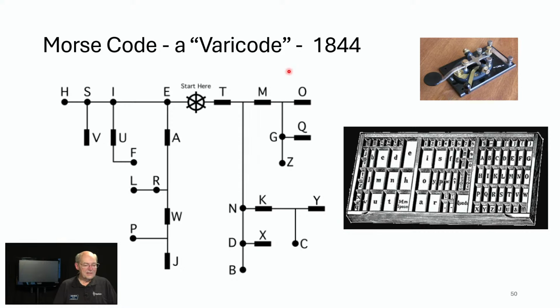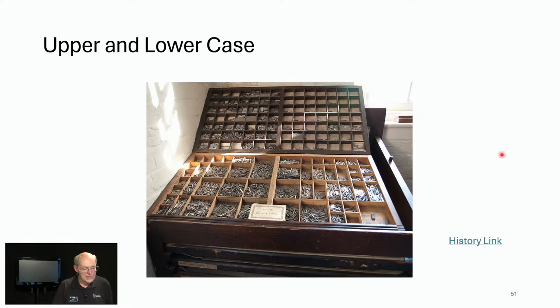So this goes back to 1844, back when we were having wireline communication. Radio wasn't really in vogue at that time, but Morse code came back to that time. Telegraph key, and this is a type case. I've got another picture of one here, some more history. Back in the good old days, when they had printing presses that were mechanical, they would have something called a type case.